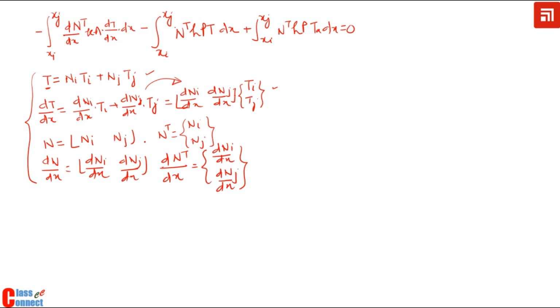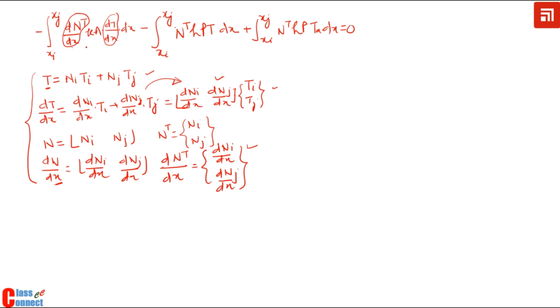N is the shape function as far as FEM is concerned, and this is the derivative of the shape function. So these terms will be required a lot. When I write dN transpose by dx, the derivative of the transpose of the shape function, or dT/dx, I have to make use of this equation here.